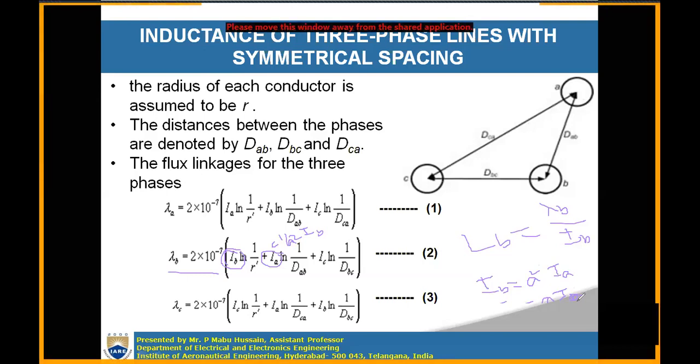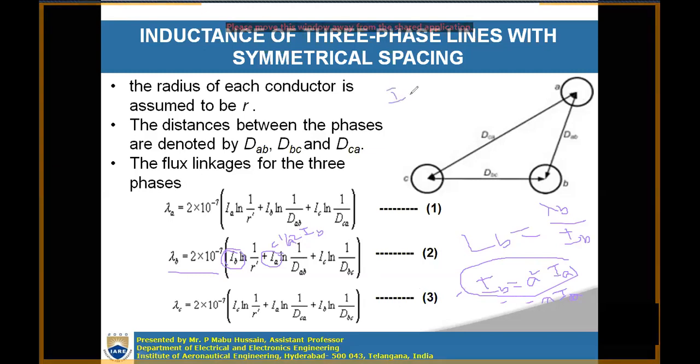So IA will be equal to 1 by a square into IB. Then what about IC?